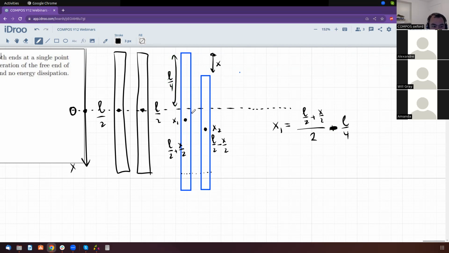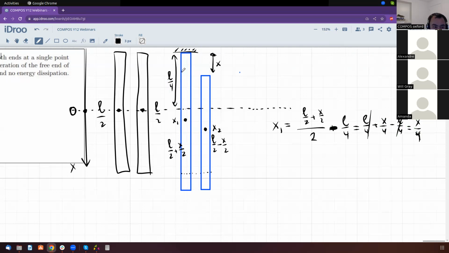And we're counting from this line, not from the top. From the top it is L/2 plus x/2 over 2, but from this line it is L/2 plus x/2 over 2 minus L/4. We can simplify this as L/4 plus x/4 minus L/4. L/4 cancels, and it's going to be x/4.